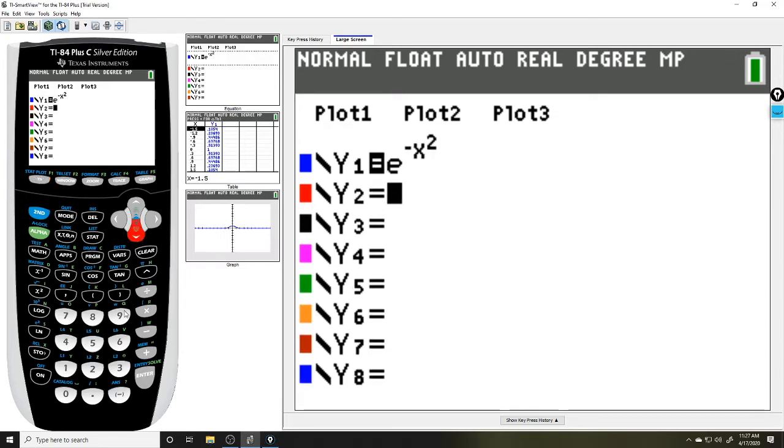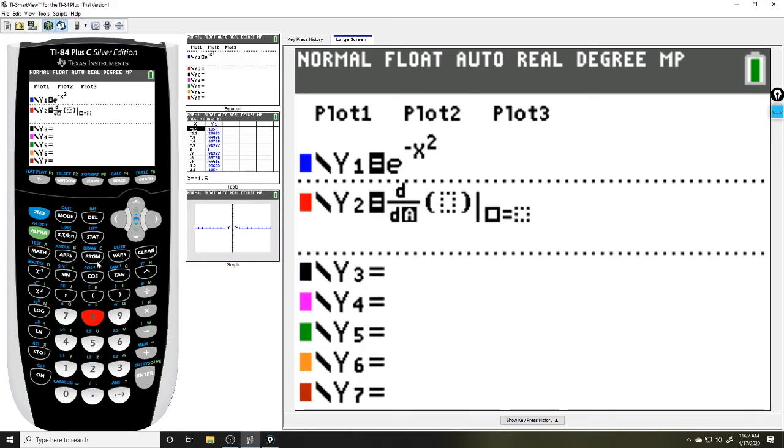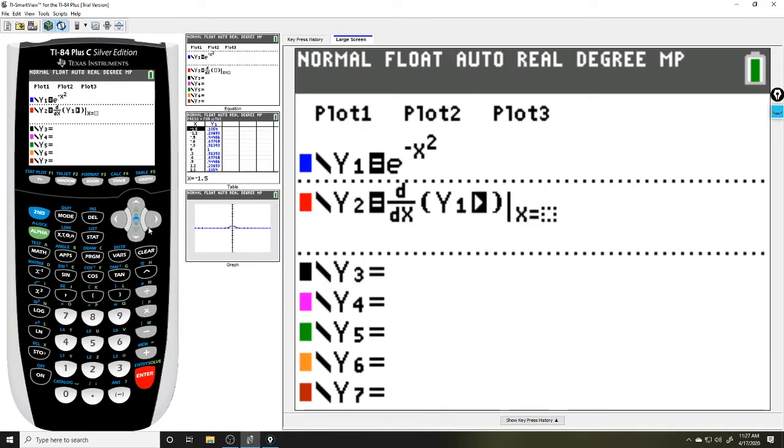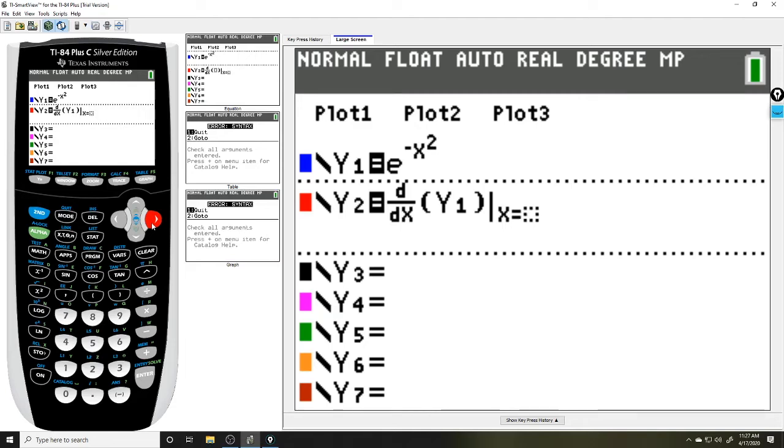And I can go to y2 and put math 8, d by dx of y1, and then instead of putting a particular point in, we're going to put x equals x so that it's a more general form of the derivative at x equals x. And then if I go over to my graph, it should show up.